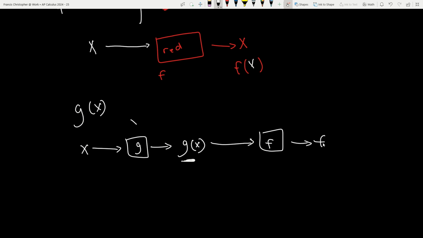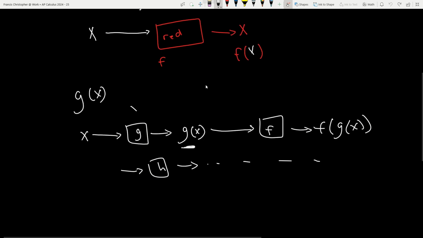So f of, well, our input was g of x, so f of g of x. And you can even go further with h and so on. But this is how I learned it, and I think it's a really good conceptual analogy.